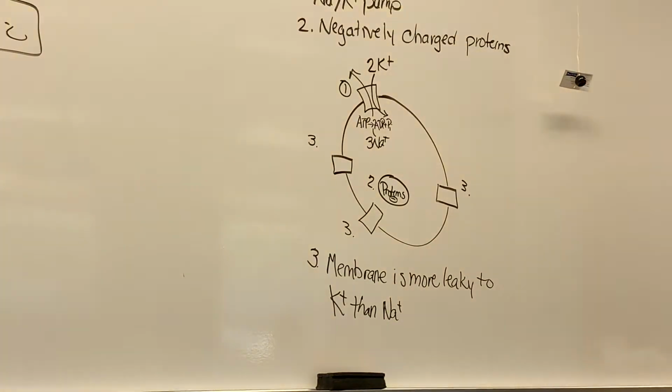So again, we talked about diffusion. We talked about how sometimes we need to have these channels, in this case for charged particles and so forth. In this case, we have diffusion channels for sodium and for potassium, and they're always open. What direction will sodium diffuse, in or out of the cell?